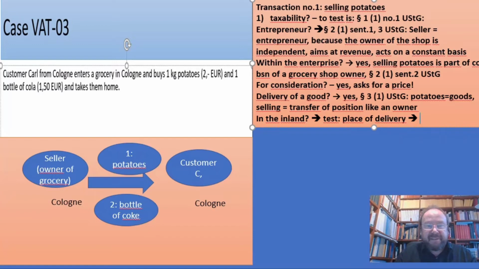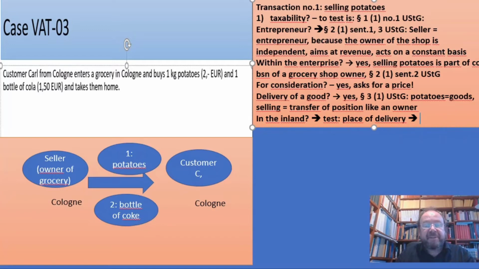The first basic rule is for deliveries which were made when the good is moved during the delivery, then the place is where the movement of the good towards the customer begins. And the other case is where there is no movement of the good during delivery. And in these cases, the place is 3.7, where the good is at the moment when ownership changes.